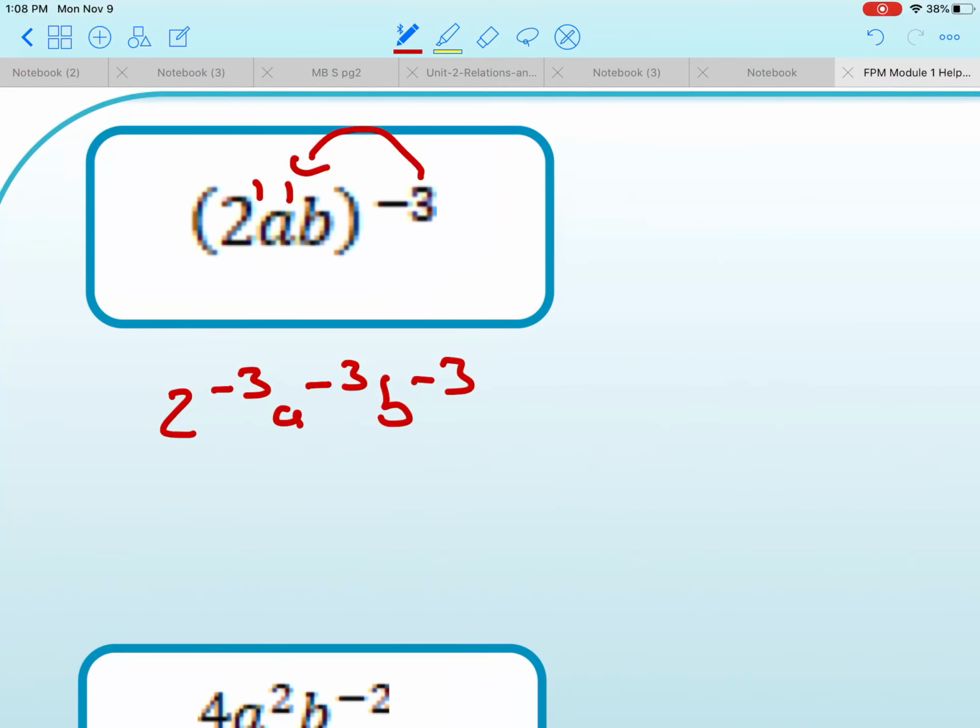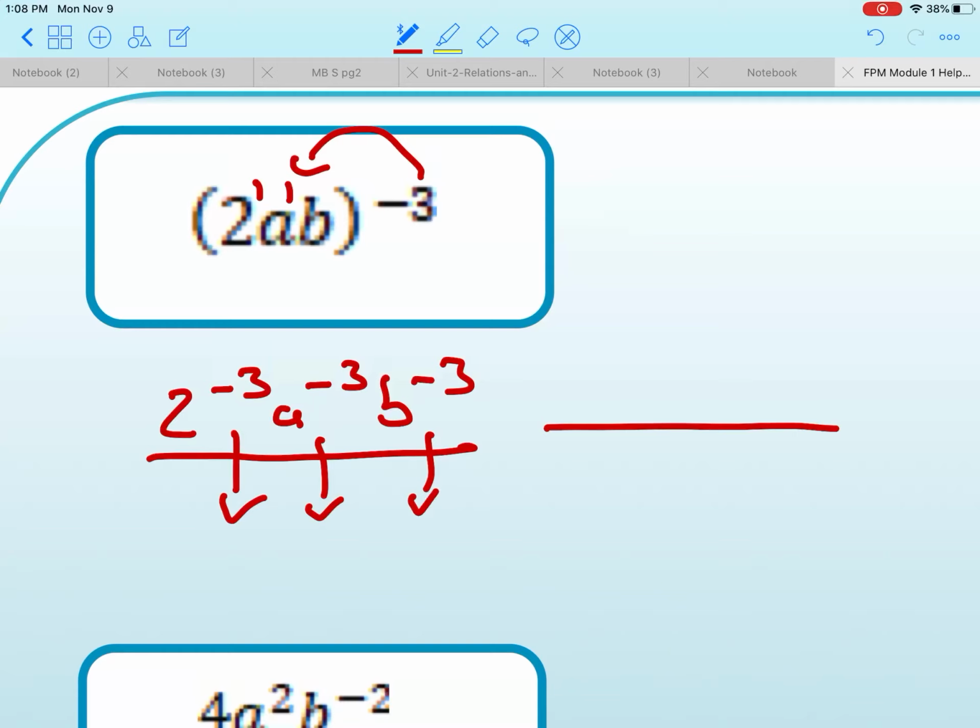The final thing in negative exponent questions is if they're negative, it means they're on the wrong side of a fraction. Now, there's no fraction here, but I can just write it into a fraction, which is why I did that. And it means that all of them are on the wrong side. So all of them were supposed to be down in the bottom. So it's as simple as just fixing it and moving it. And now they're all happy.